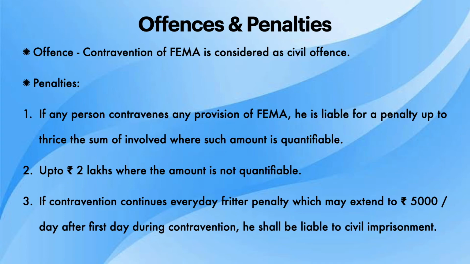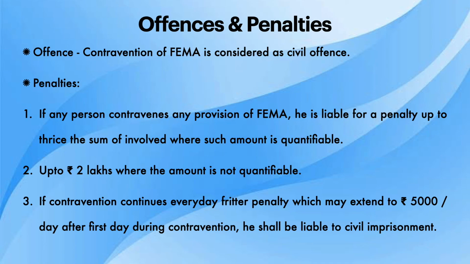Second, up to 2 lakhs where the amount is not quantifiable. If you're not able to exactly quantify the amount of offense that he has committed, then up to 2 lakhs, the RBI might put a penalty upon that individual or company.